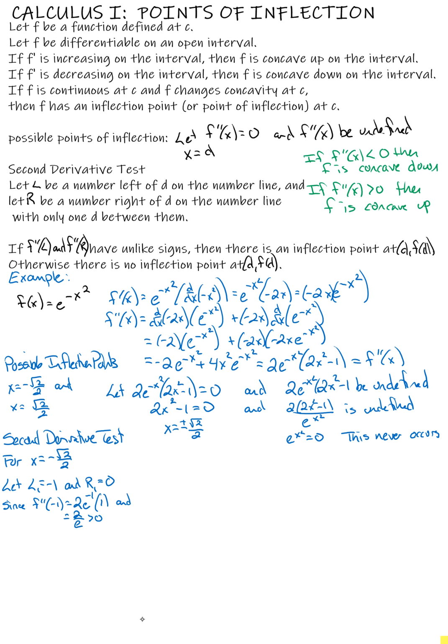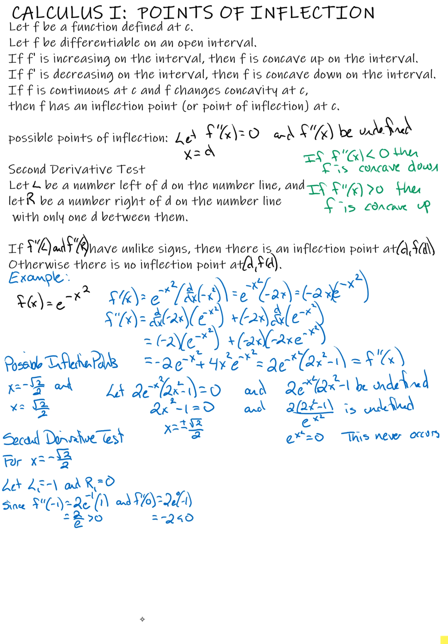And f double prime of 0. Again, evaluating this for x equal to 0. Well, that's 2e to the 0 times negative 1, which gives us negative 2, which is less than 0.